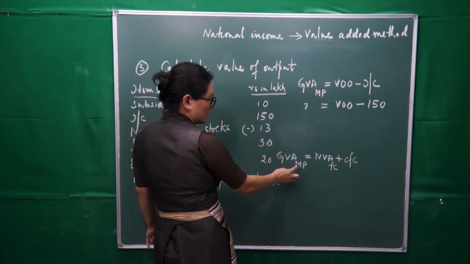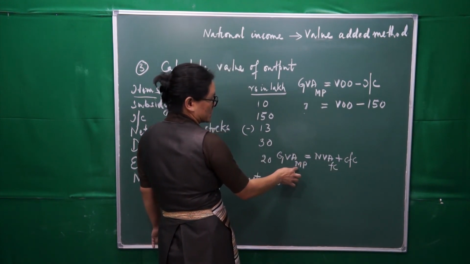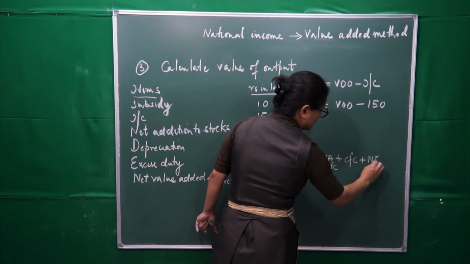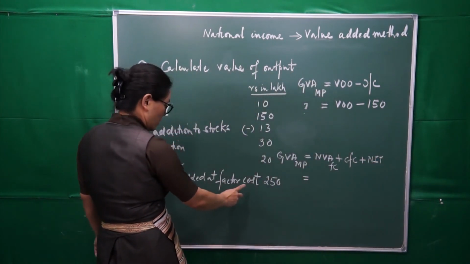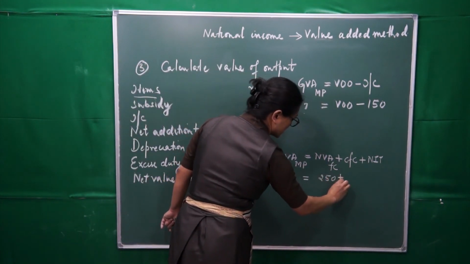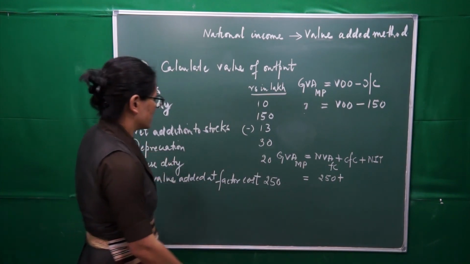Then factor cost to market price, plus NIT. So here NVA at factor cost is 250, plus CFC, which is depreciation, given as 30 here.